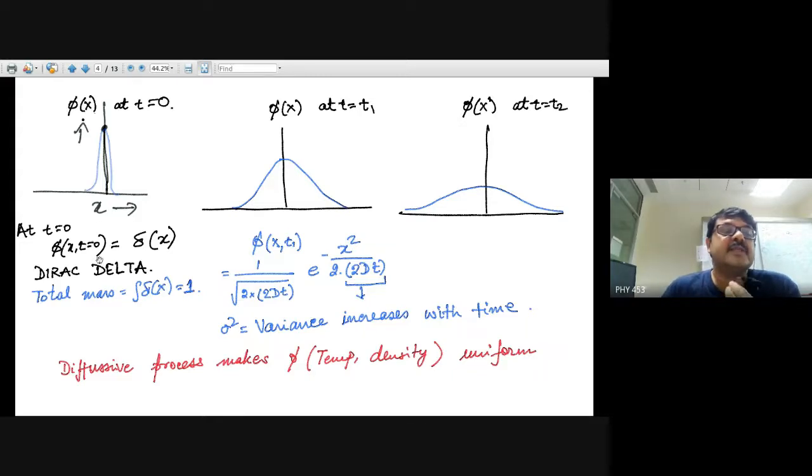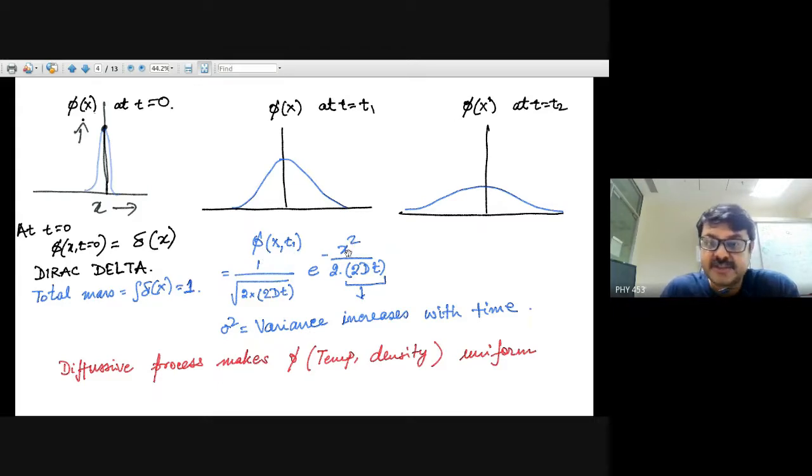And suppose you say that you have a Dirac delta function at x equal to 0, a spot of ink. Then, due to the diffusion equation, the ink is going to spread over space as a function of time. So it is going to be spread like this. The solution of that equation, phi as a function of x and t, is going to look like this.